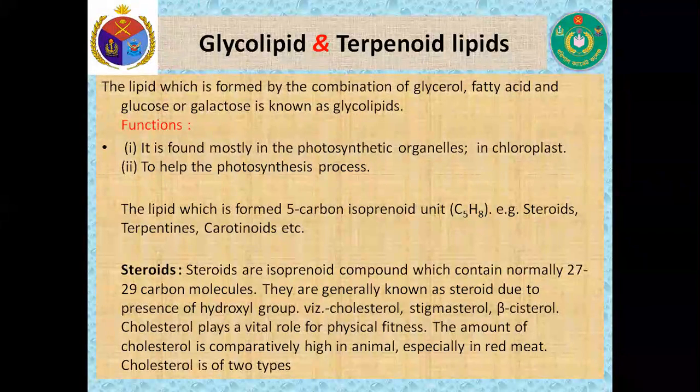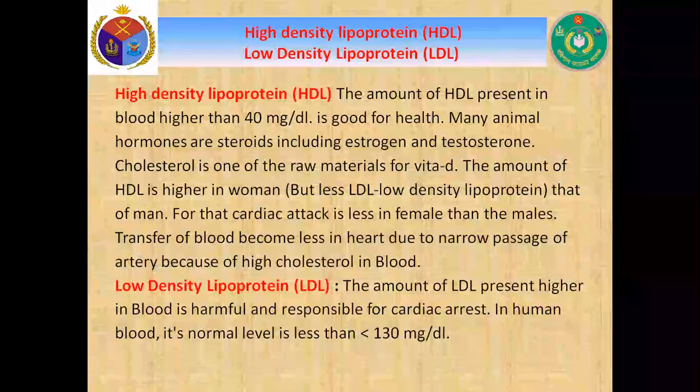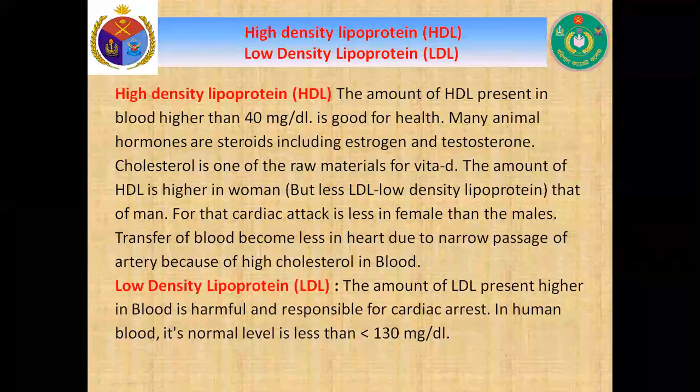Cholesterol is of two types. One is HDL, which means high density lipoprotein, and another is LDL, which means low density lipoprotein. Firstly, high density lipoprotein. An amount of HDL present in blood higher than 40 milligram per deciliter is good for health.